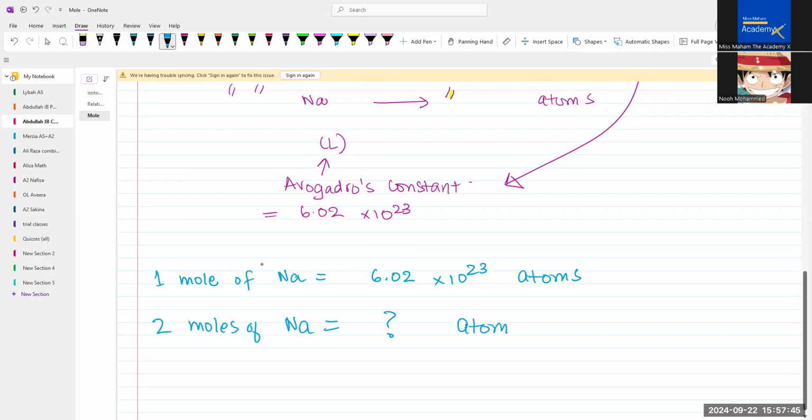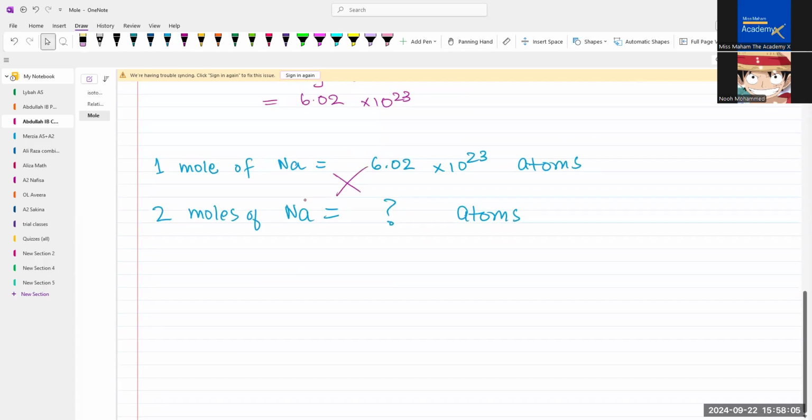How many atoms will 2 moles be? 6.02 times 10 to the power 23, the whole times by 2. Exactly. So I'm going to cross multiply, and my answer is going to be 2 into 6.02 into 10 to the power 23. And this will be my answer for this question.